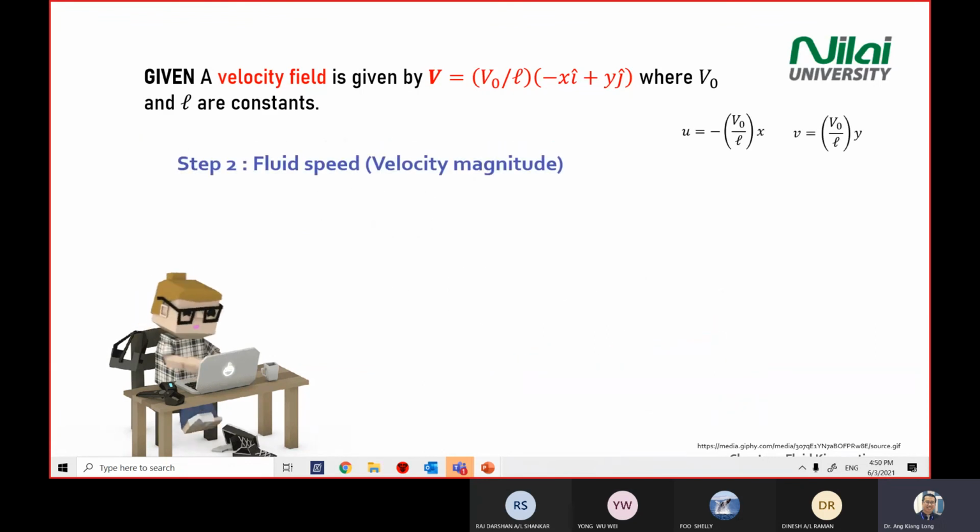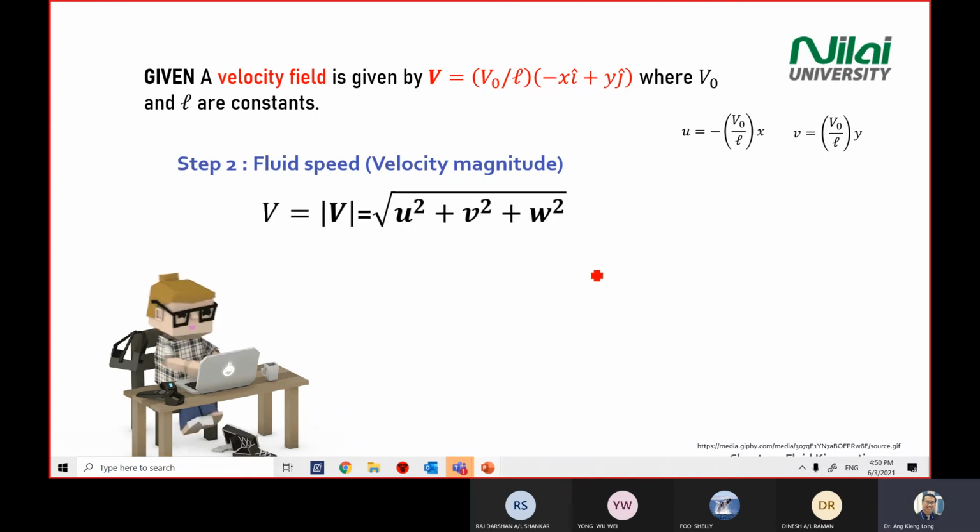Then after that, we calculate the velocity speed. Again, the magnitude of the velocity for our fluid is given by the equation. So when you write V equal to square root of U square plus V square plus W square, you get another 3 marks there. Okay.